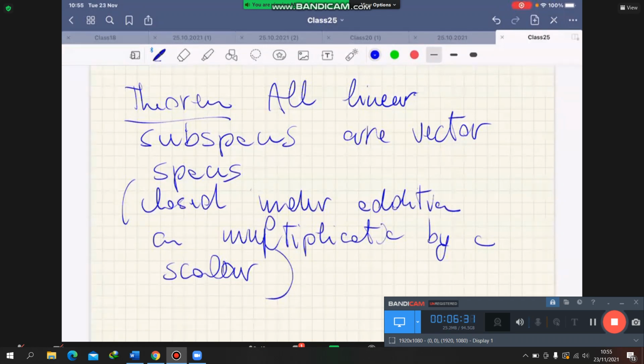And indeed, it's an alternative way to define a linear subspace.